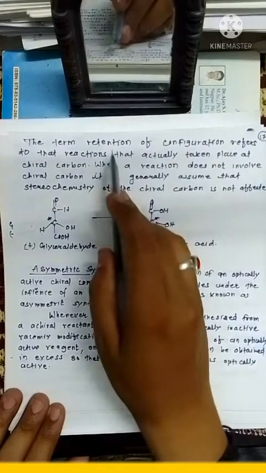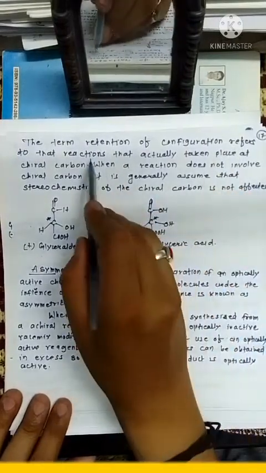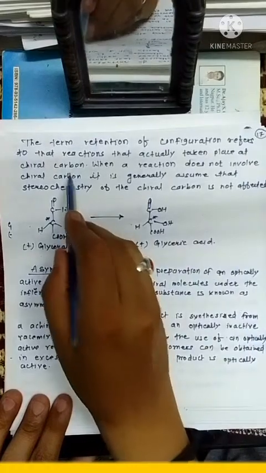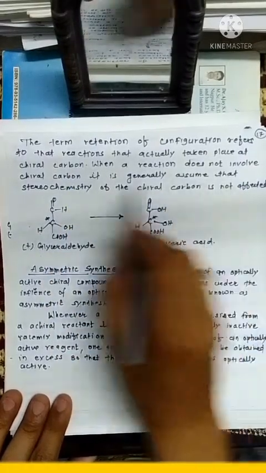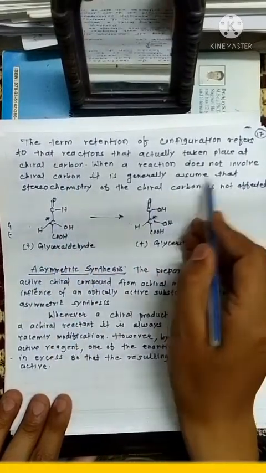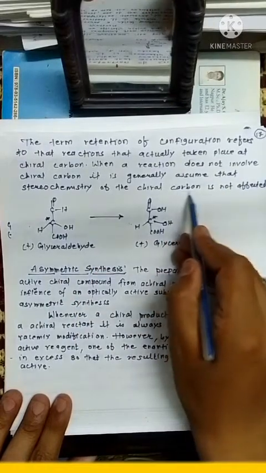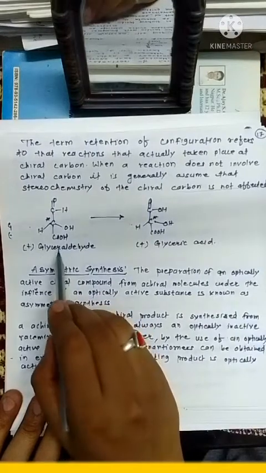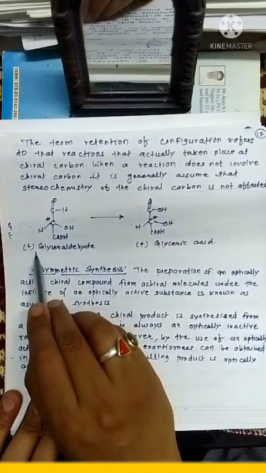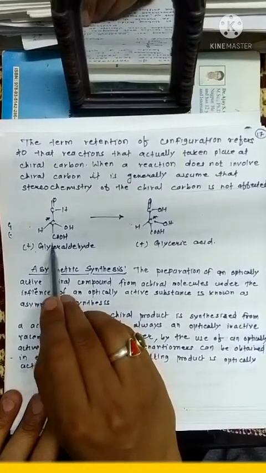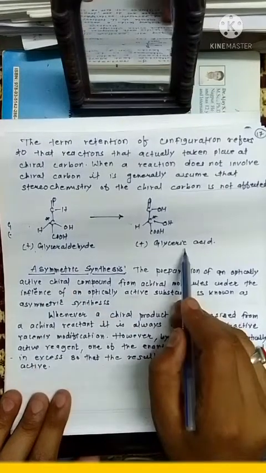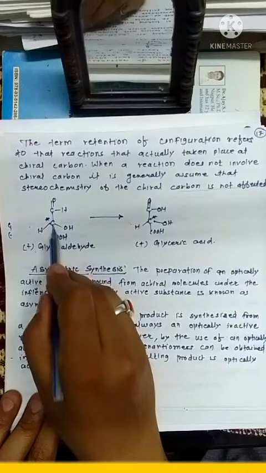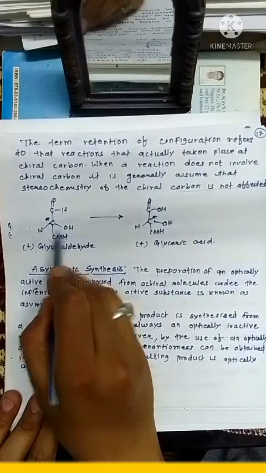The term retention of configuration refers to a reaction that actually takes place at a chiral carbon atom. When a reaction does not involve the chiral carbon, it is generally assumed that the stereochemistry of the chiral carbon atom is not affected. So just see this reaction, that is the conversion of glyceraldehyde into glyceric acid. In this example, we see that this carbon is the chiral carbon atom.